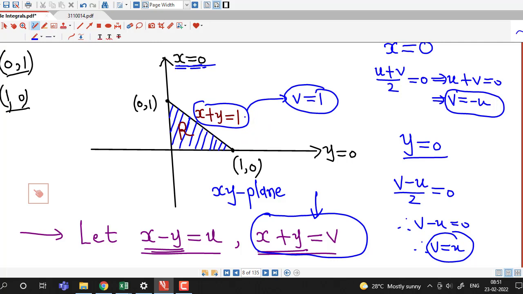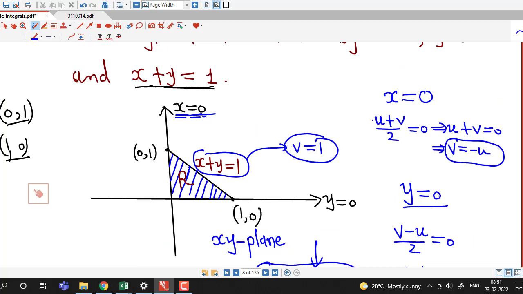So in this way we have to decide the boundaries of the region in the uv plane corresponding to the boundaries in the xy plane. So for that we have converted these equations in terms of x and y, that we are converting in terms of u and v.